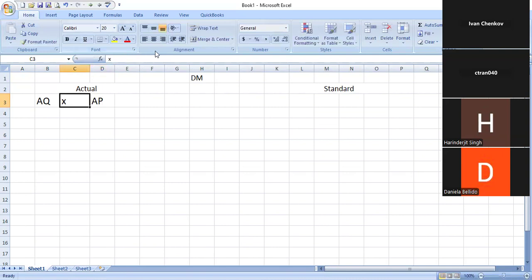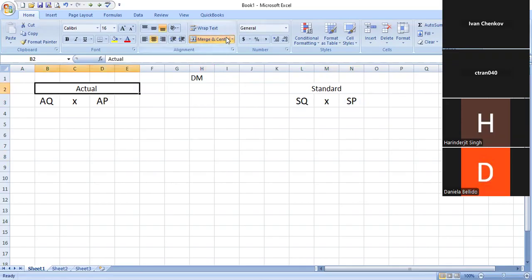And that's how we're going to get the actual cost. Make sense? For the standard, we're going to have standard quantity times standard price. And that's how we're going to get the standard cost. Now we're going to have our actual cost, and we're going to get the standard cost. Make sense?